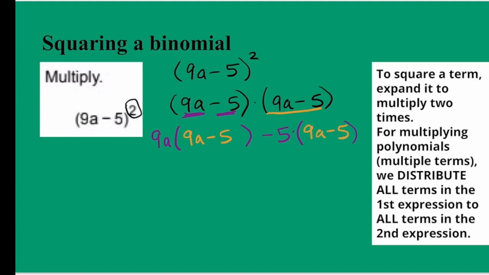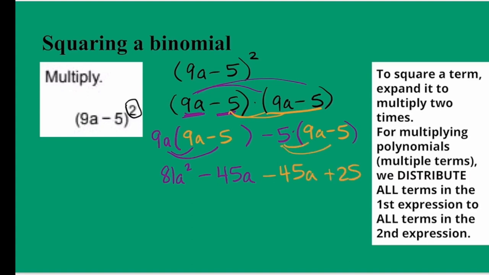First part, 9a times 9a, we get 81a squared. 9a times negative 5 is negative 45a. And the second piece, negative 5 times 9a is negative 45a. Negative 5 times negative 5 is positive 25.